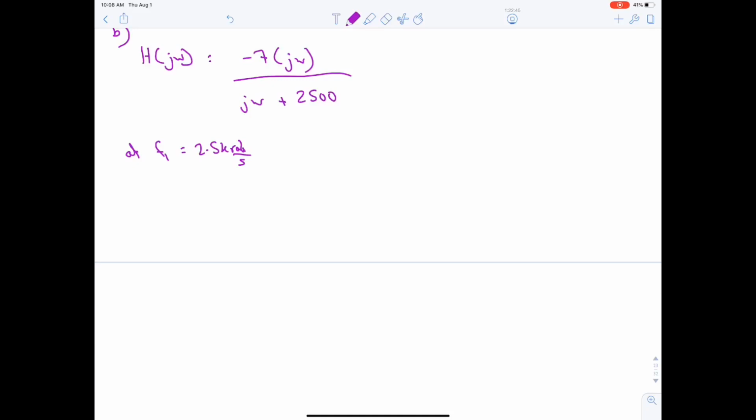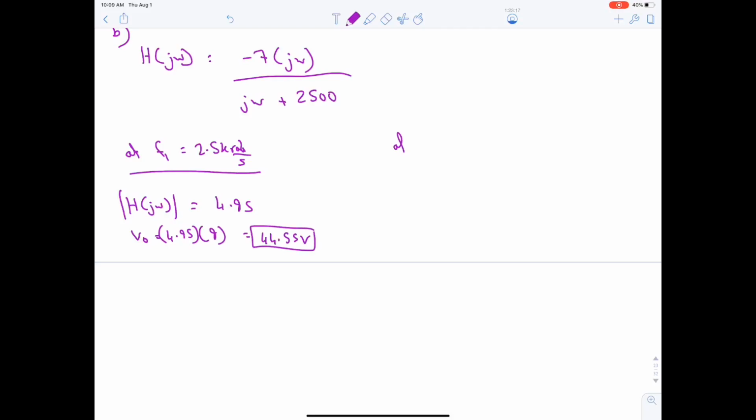You need to find the magnitude through the calculator. We just solved this question before, but it was for the active low pass. Anyway, after you find the magnitude, I will just write the answer. It's 4.95, and the output will be 4.95 multiplied by 9, which is 44.55 volt.